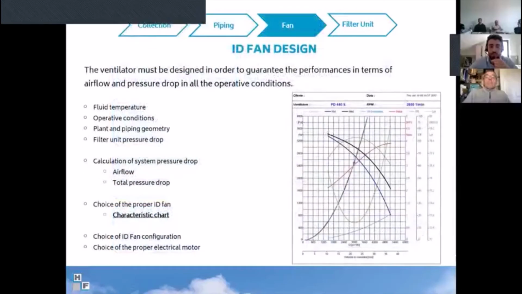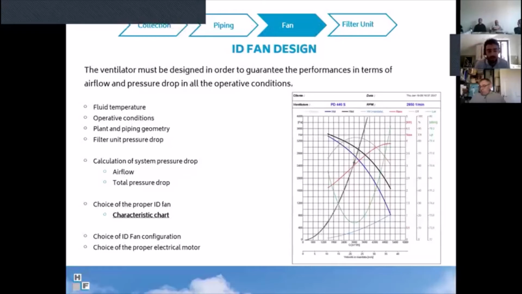Okay, we start talking about the design of the ID fan. So the fan, the blower, is one of the most important items in a plant, in a filtration plant, because it guarantees the airflow.